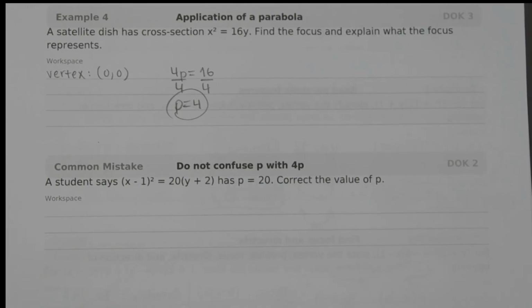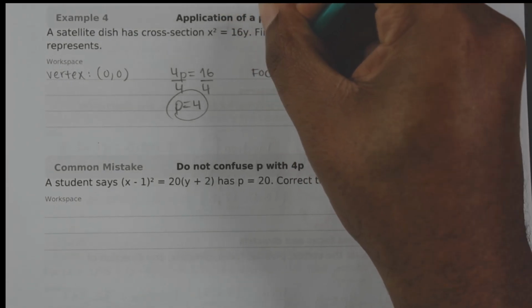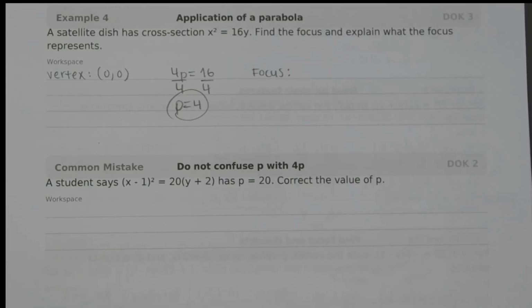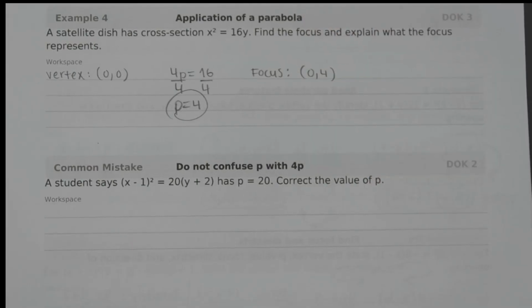Now, since p is positive, as you can see, the parabola is going to open up. For a vertical parabola, the focus is p units away from the vertex, which would be 0, 4, right? That's the change in y. Now we need to interpret the focus, right? So in a parabolic dish, incoming signals that are parallel to the axis reflect toward the focus.